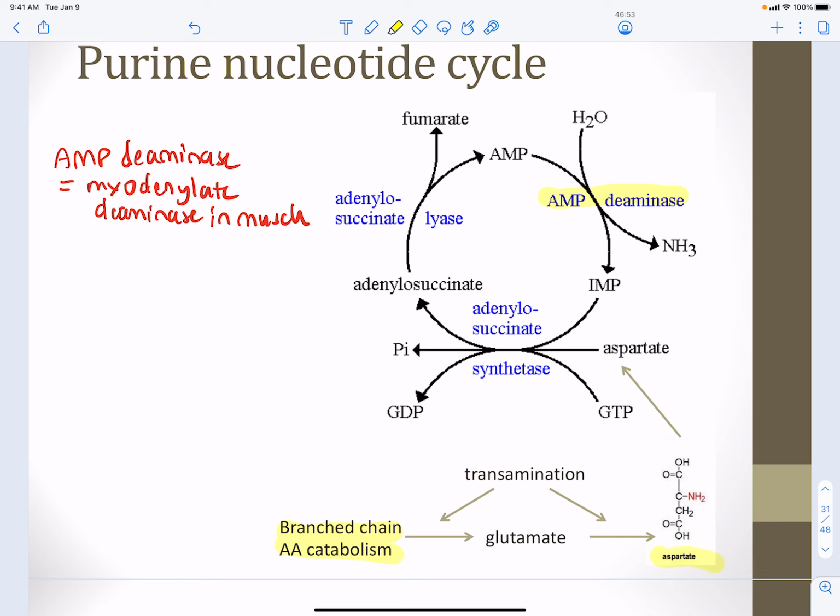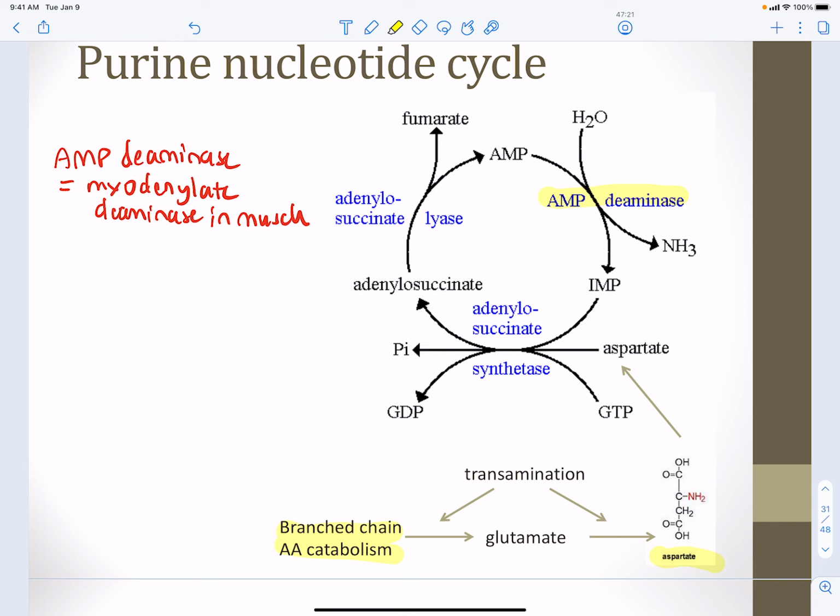And that's through just a general transamination reaction that we've talked about, glutamate donating the nitrogen to aspartate. And then aspartate is going to get deaminated to fumarate. And then the nitrogen is going to be acquired by glutamate to form glutamine.